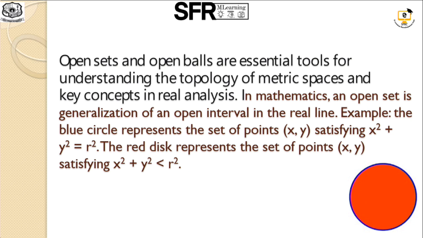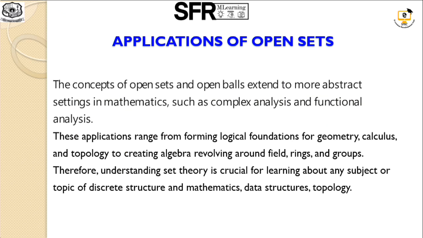The blue circle represents the points (x, y) satisfying x squared plus y squared equal to r squared, and the red disk represents the set of points satisfying x squared plus y squared less than r squared. Open sets and open balls are represented in these ways.